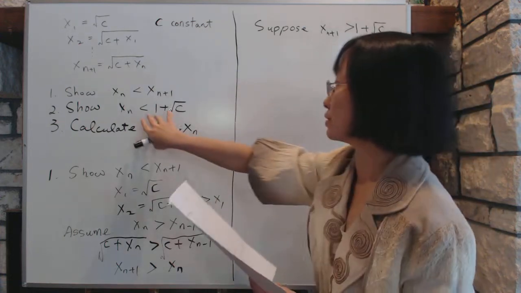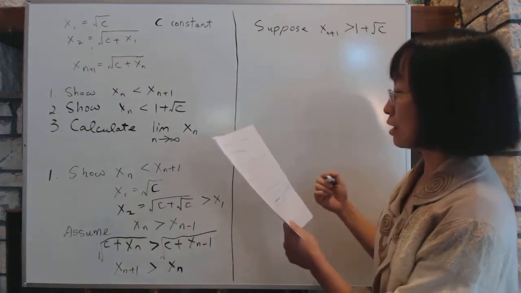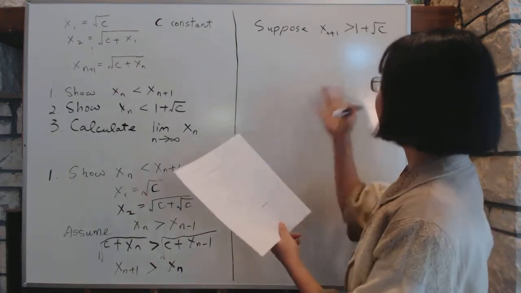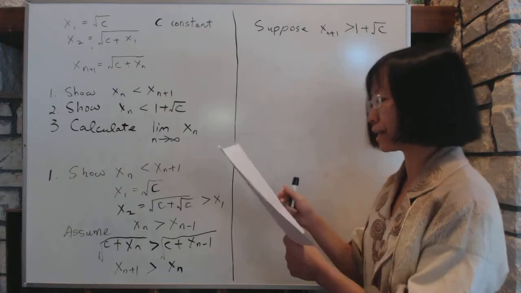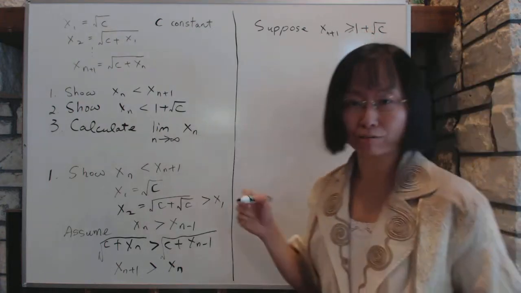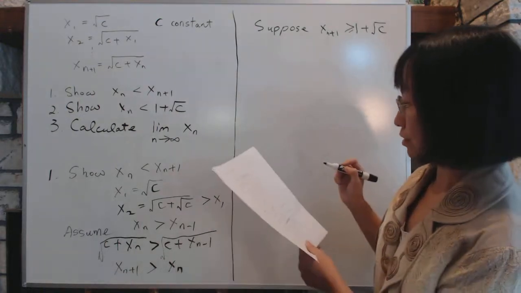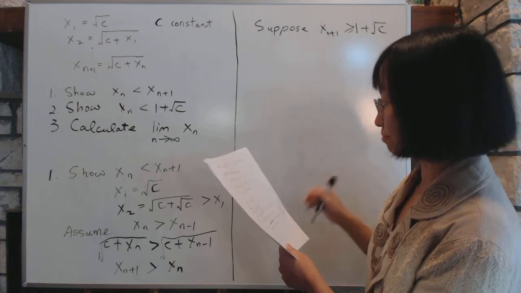That's what we're trying to disprove. Suppose it's bigger than or equal to, to complete the logic. But anyway, it doesn't really make any difference. The proof goes the same way.